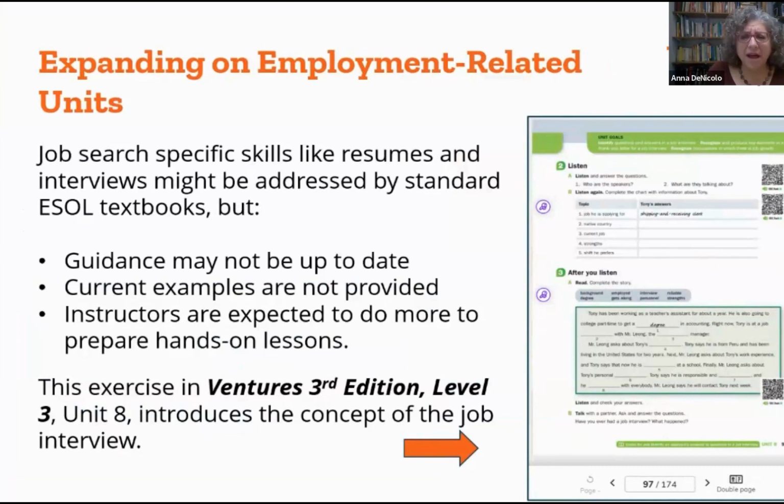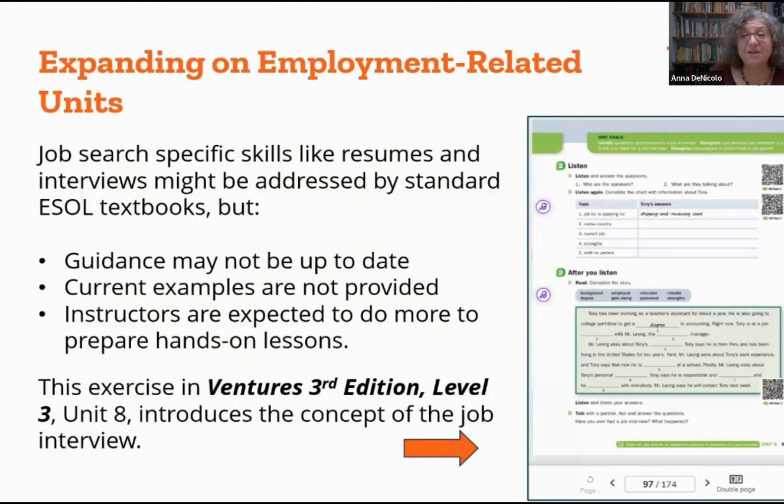Most ESOL textbooks will include a chapter on employment, work, jobs, something of that sort. Unfortunately, the guidance in how to address job search issues may not be as complete as we might like.